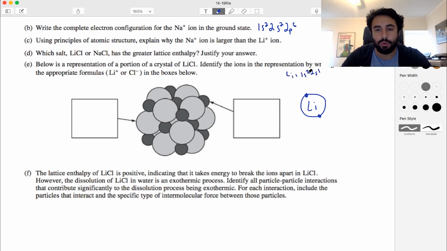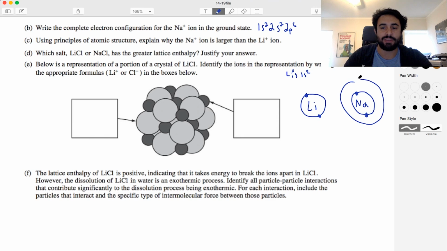So if we lose that outermost electron to get Li plus, Li plus is just 1s2, it has helium electron configuration. So lithium plus just has that one shell with the two electrons. But sodium, we just said, is going to be 1s2, 2s2, 2p6.